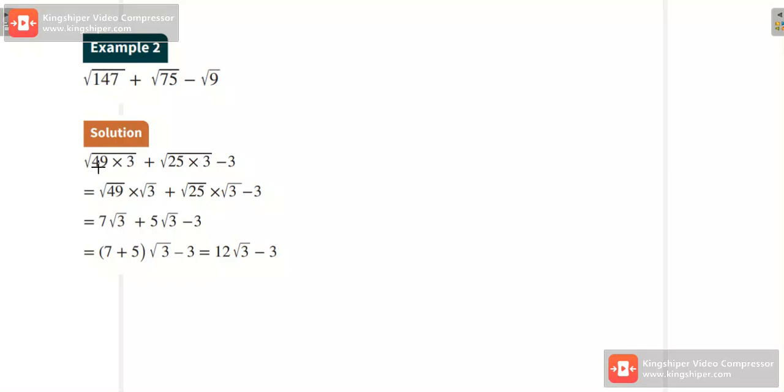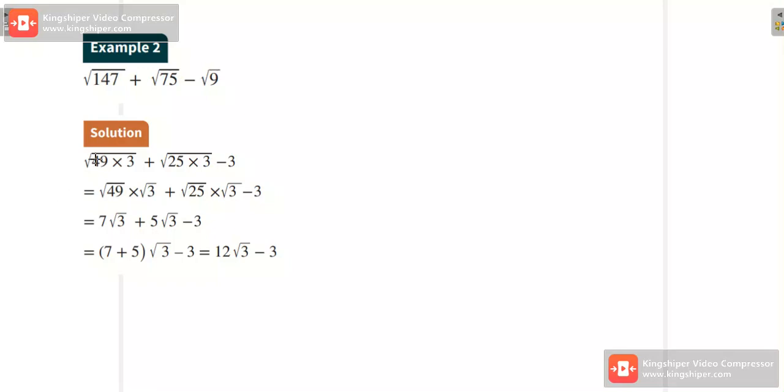You can see that 49 times 3 will give us 147. Then 75 can also be written as 25 times 3. 9 is a perfect square, so root of 9 will just give us a natural number, which is 3.